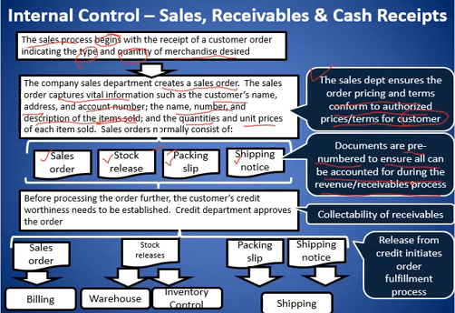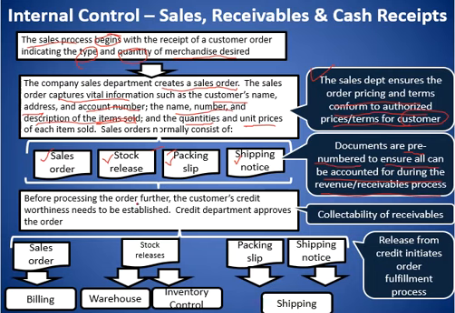So if I'm the shipping department and I'm accounting for the sequential number of my shipping orders and I see a couple of those numbers missing, I know that I have a couple of shipments that may be missing. Or if I'm in the accounting department and I'm accounting for the sequence of the shipping notices and I find a shipping notice is missing, I need to look for that because for some reason it's missing. So pre-numbering documents is a really important control process.